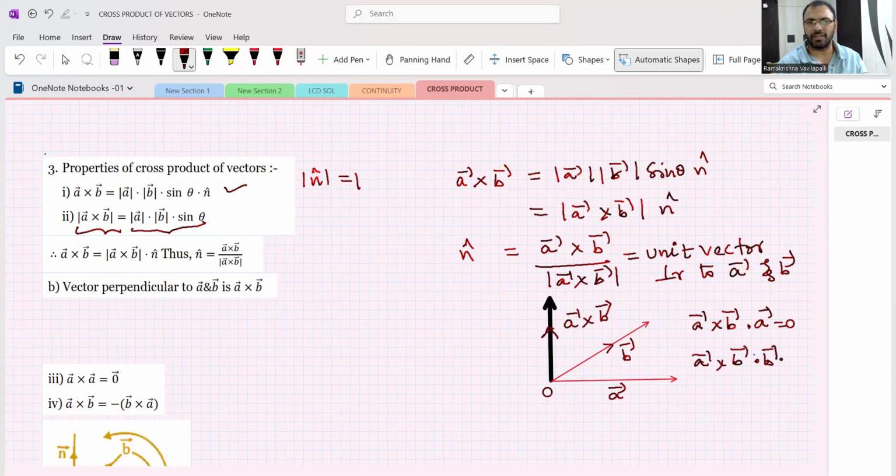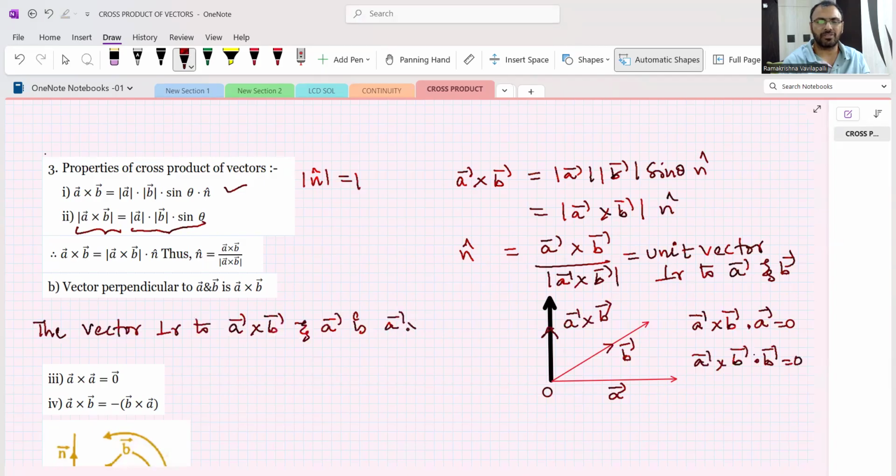If I ask for the vector perpendicular to A cross B and A bar, you just take the cross product of these vectors: A bar cross B bar cross A bar.